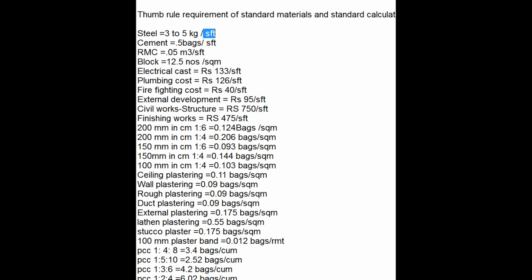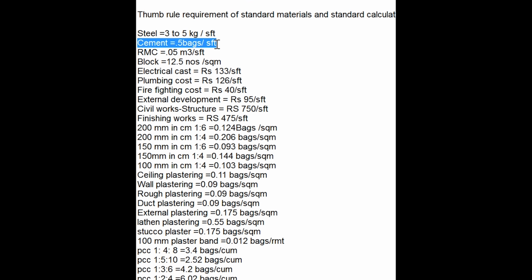In the same way, if you need to calculate the cement bags required in the building, you can calculate the RMC. Suppose you don't go the traditional way of cement, sand, aggregate and all this labor required, you will go for the RMC, ready mix concrete.